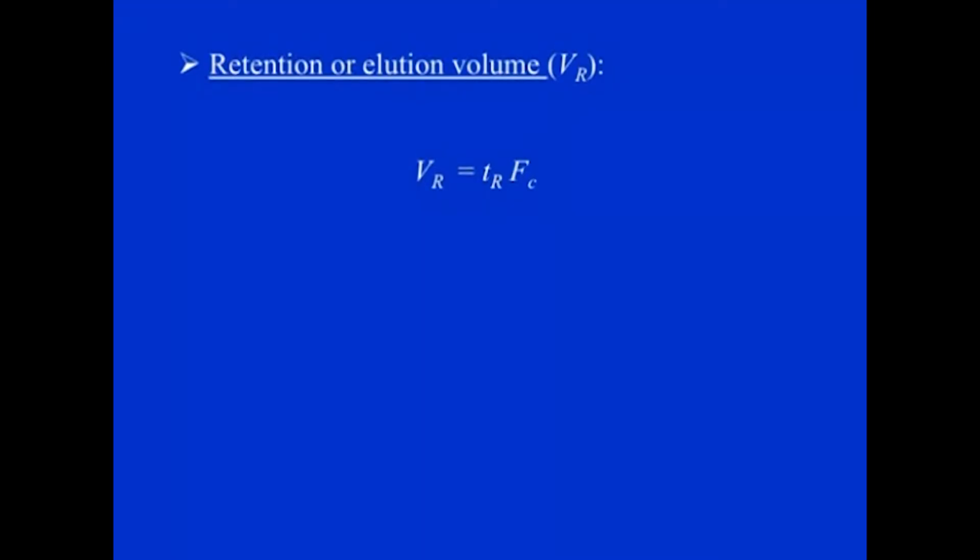Elution volume and retention time are related by the flow rate, that is, at what flow rate you are moving the mobile phase through the column. The relationship is: retention volume equals the retention time multiplied by the flow rate.